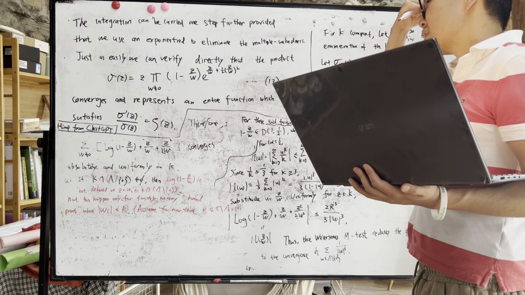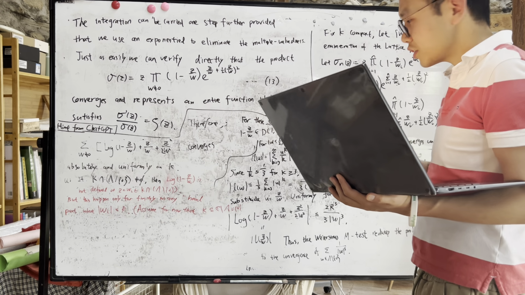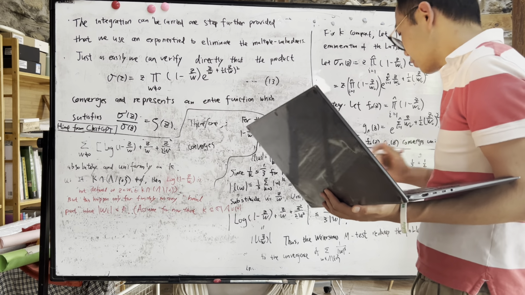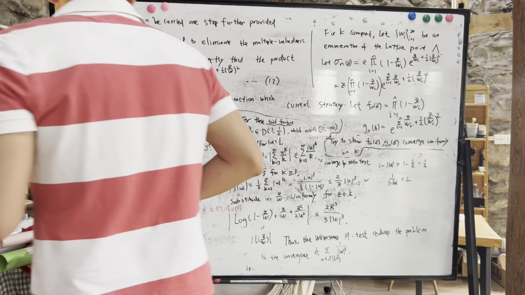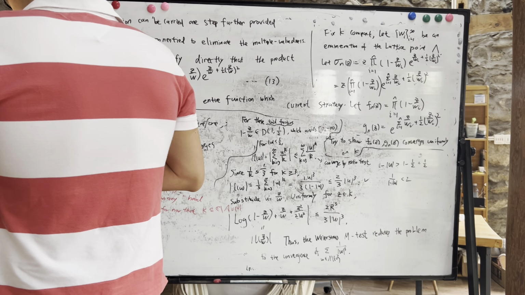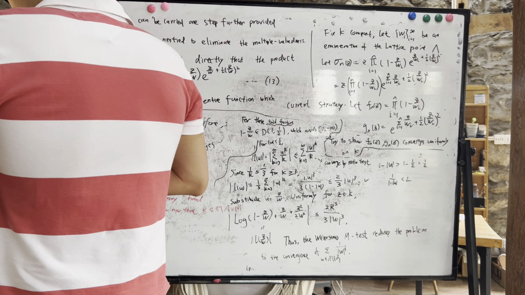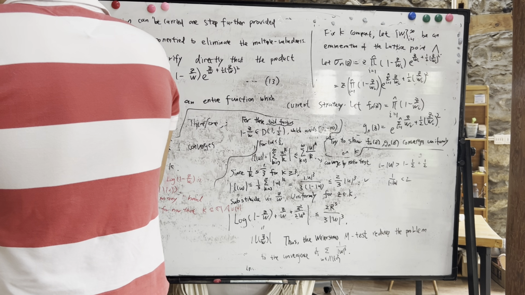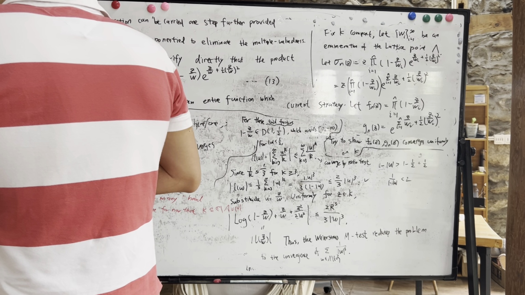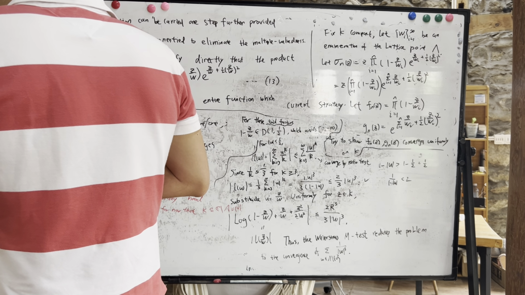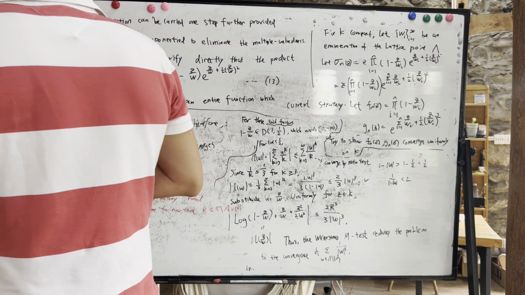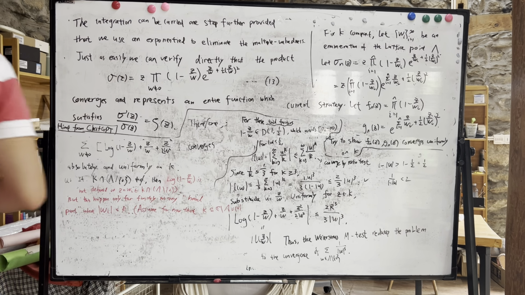So that satisfies the condition for the Weierstrass test, so that it gives the absolute and uniform convergence on K. Okay, so let me make sure that I get the right condition. Okay, yeah.